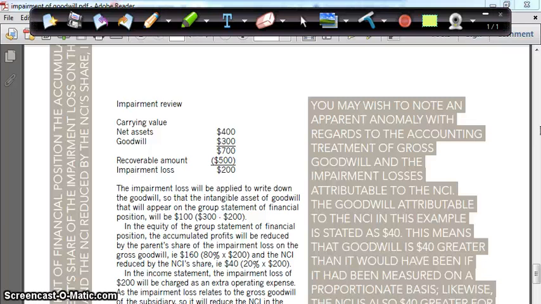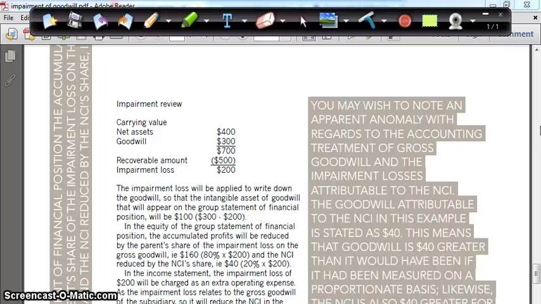Whenever you're doing an impairment review, you are determining whether the carrying value is less than the recoverable amount, and the recoverable amount is the higher of the fair value less costs to sell and the value in use. So you need to ensure that you know which figures these relate to and how to determine if there is an impairment. Again then, if there's an impairment loss, you need to determine whether it's the proportionate method or the full goodwill method that's been used.